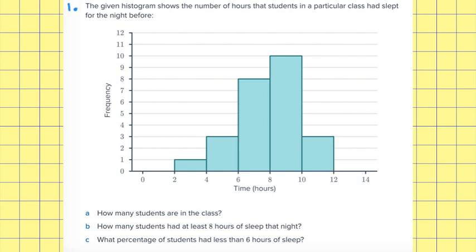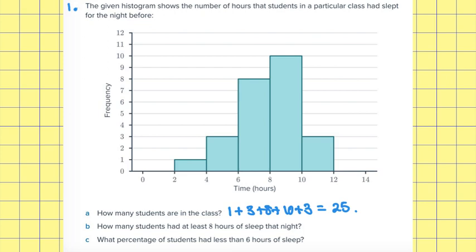Well, we need to add up all the bars. So we want 1 plus 3 plus 8 plus 10 plus 3, which gives us 25 students.